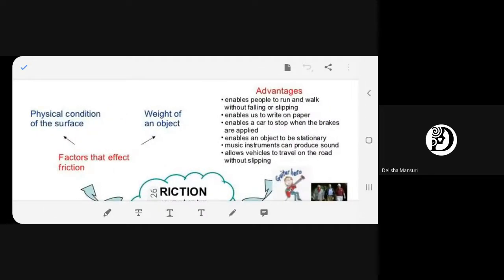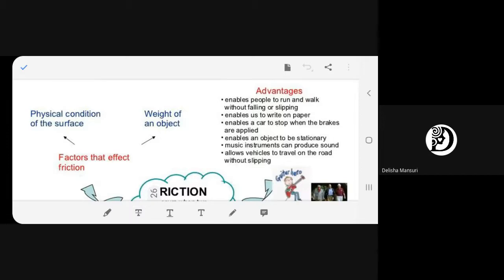What are the advantages of friction? Please read. Advantages: enables people to run and walk without falling or slipping. Enables us to write on paper.